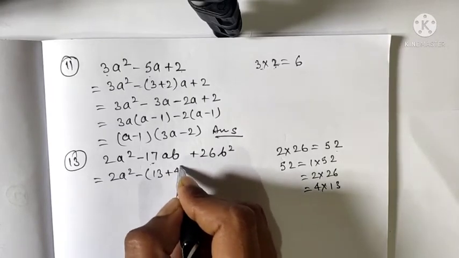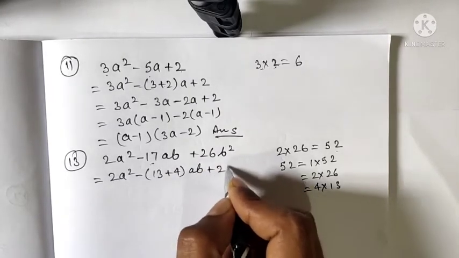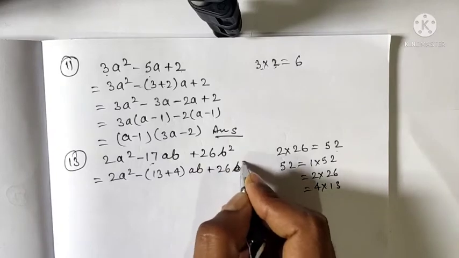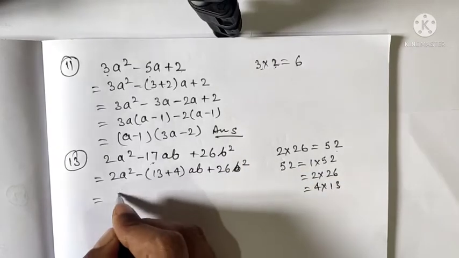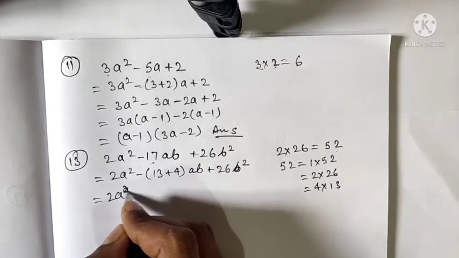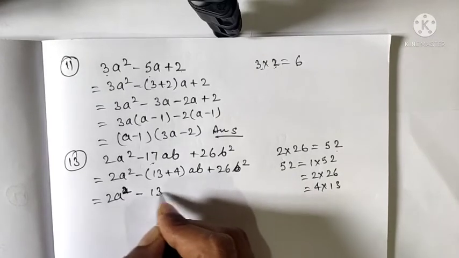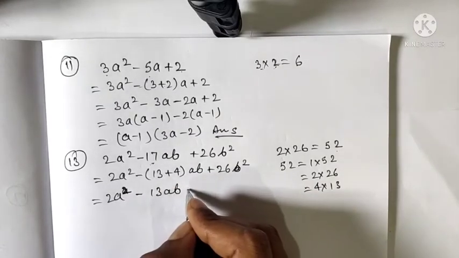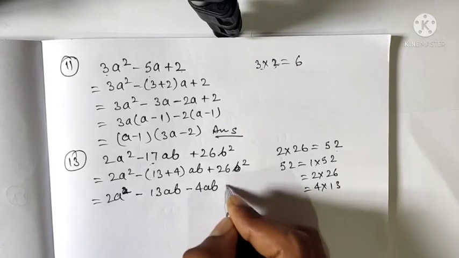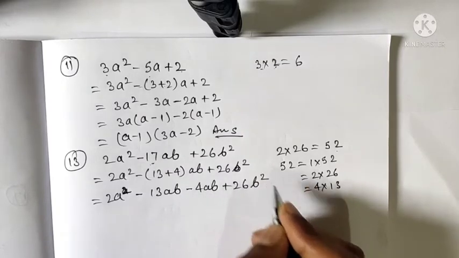So it will be 2a square minus 13ab minus 4ab plus 26b square.